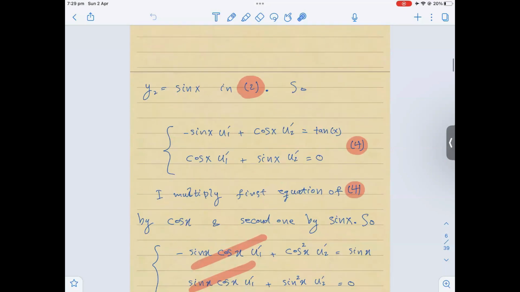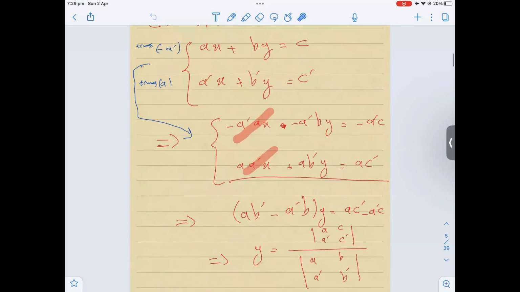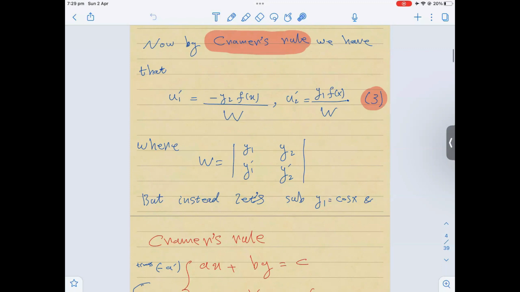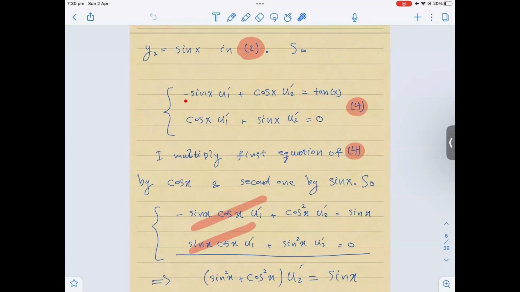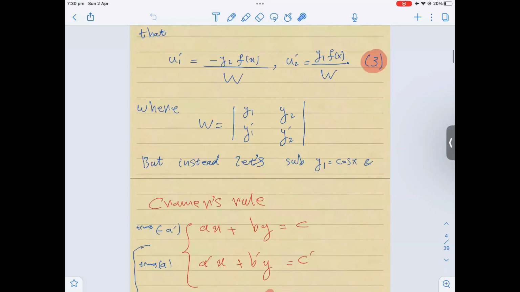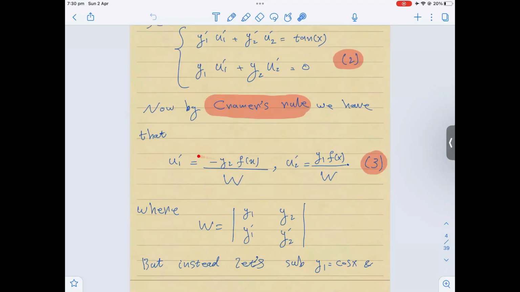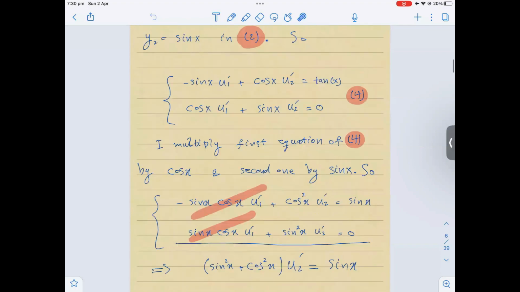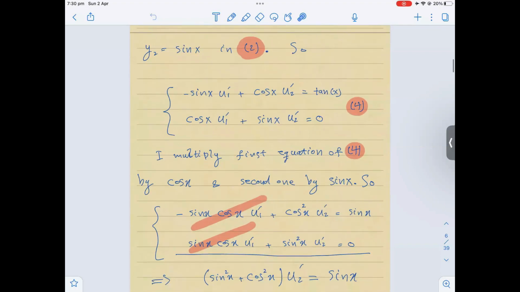Now, back to the original question, y2 is sin x and y1 is cos x, so I can substitute there as well. Instead of u1 prime and u2 prime, we can use these two formulas. You can write these two formulas on your cheat sheet, but if you don't remember them, you can just start solving the two simultaneous equations.